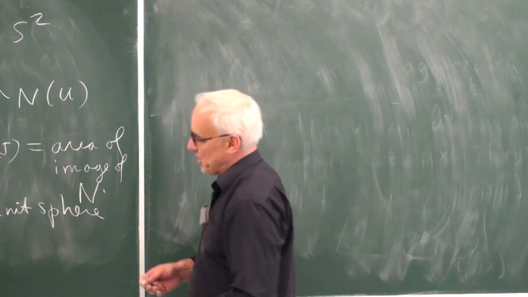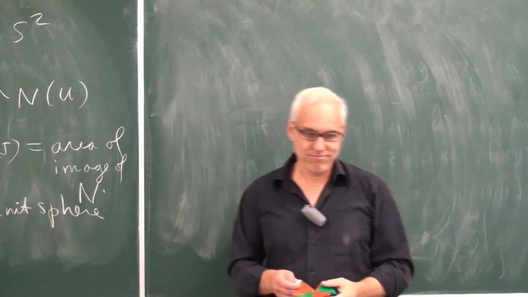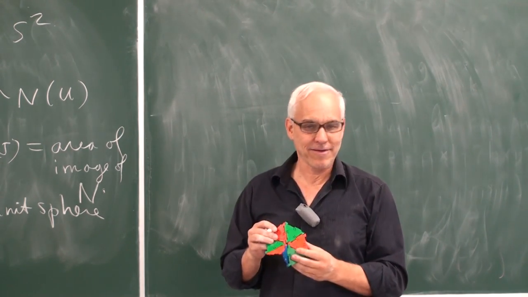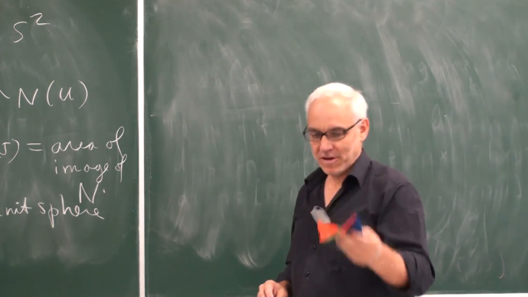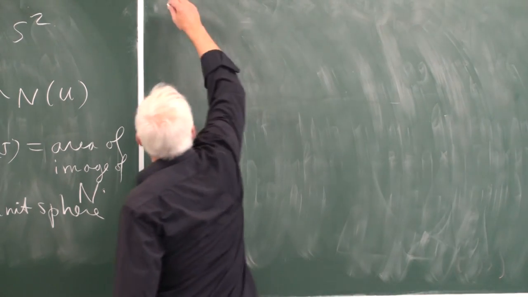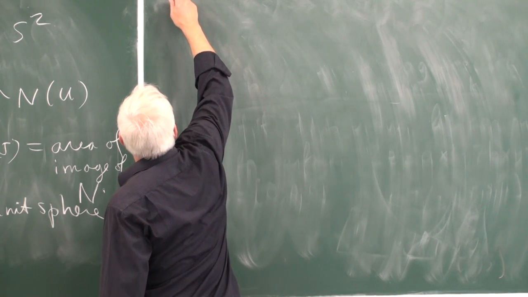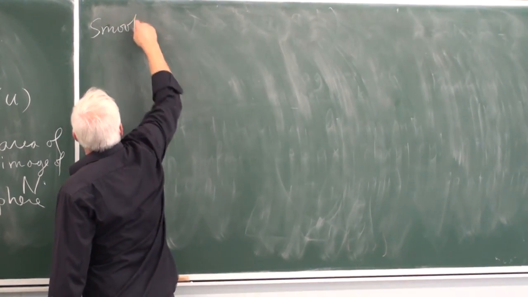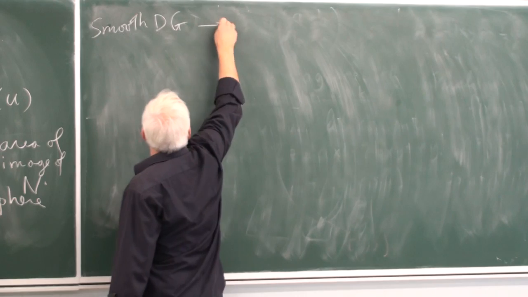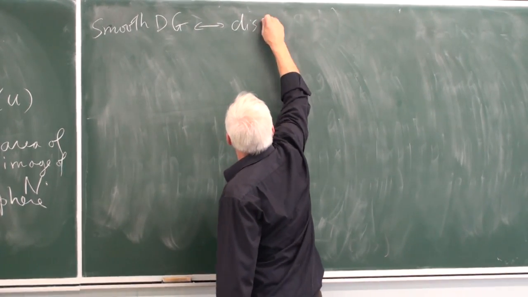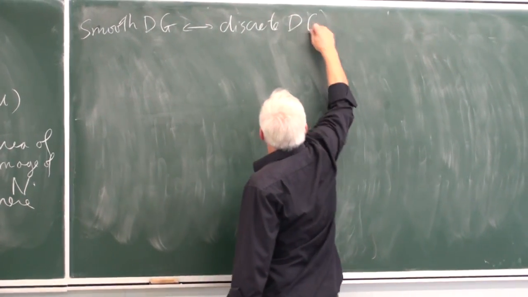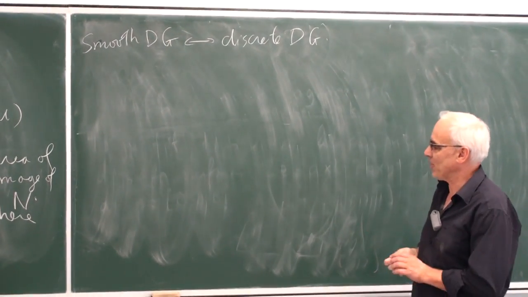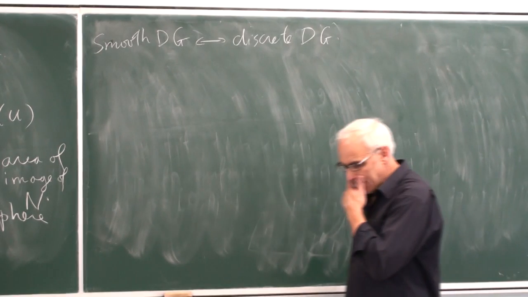All right, this reasoning has a nice application to polyhedra. This is just a part of a polyhedron, but there's a natural connection between this smooth differential geometry and discrete differential geometry. And the curvature is a concept that straddles both of them.